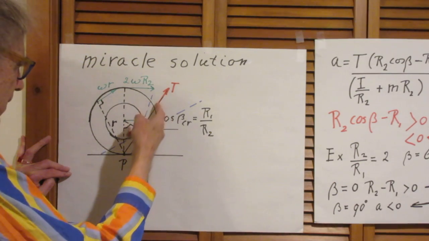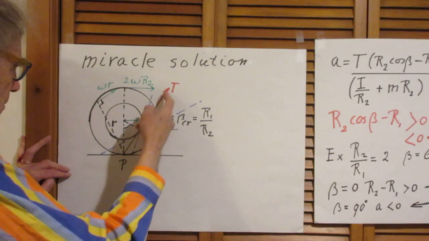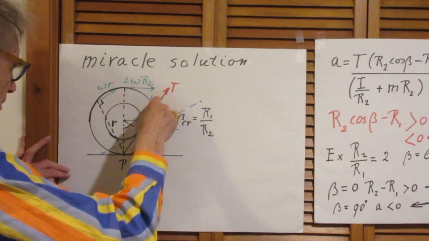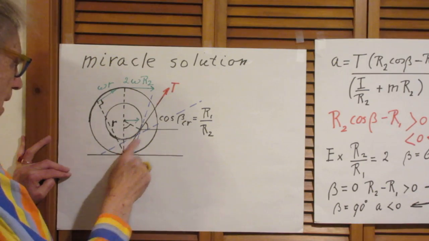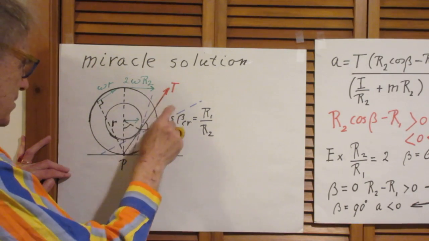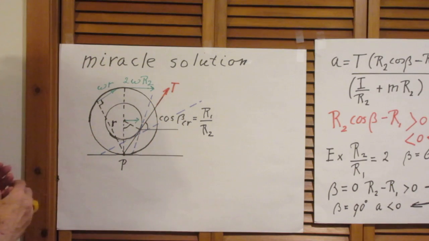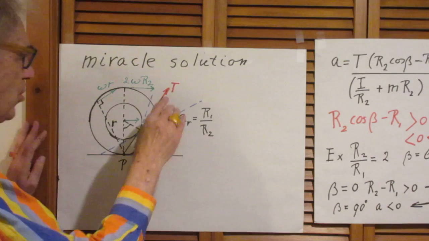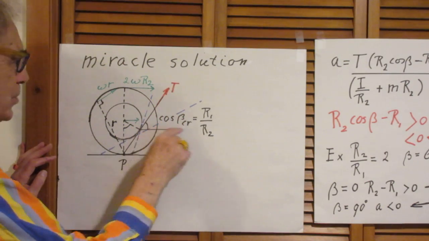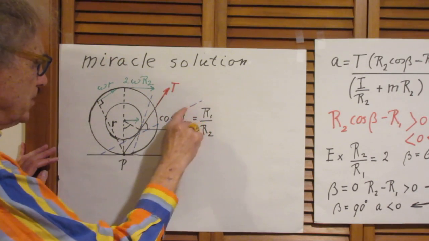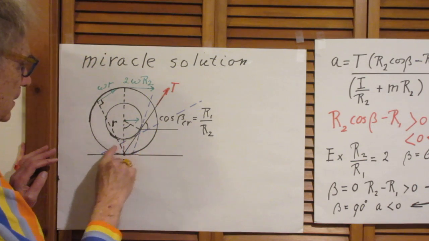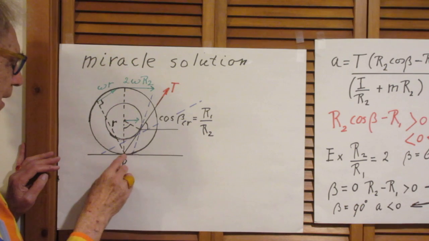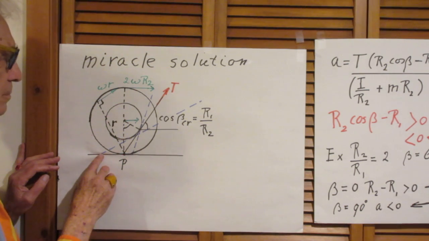So if I put the string in such a direction that the extension goes through P, that angle is the critical angle. Now I'm going to make the angle beta smaller than this critical angle, which is this blue line. And now the extension ends up on the left side of point P.